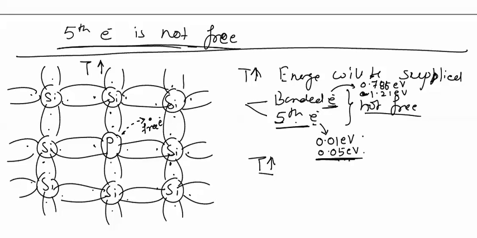With each phosphorus atom there will be a fifth electron, and it will detach itself from the phosphorus nucleus and become a free electron.